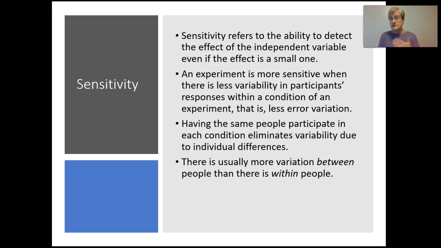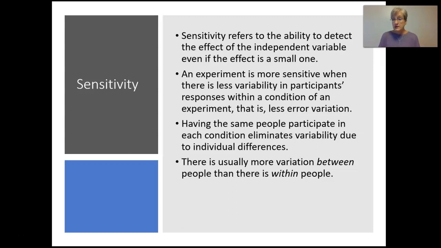So that means there's less variability within each person than there would be when you're comparing them across a particular measure. So when we take advantage of that, what we're doing is eliminating these between people sources of error, or at least mitigating them.